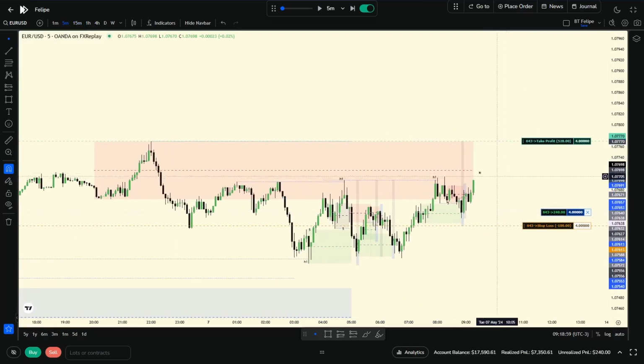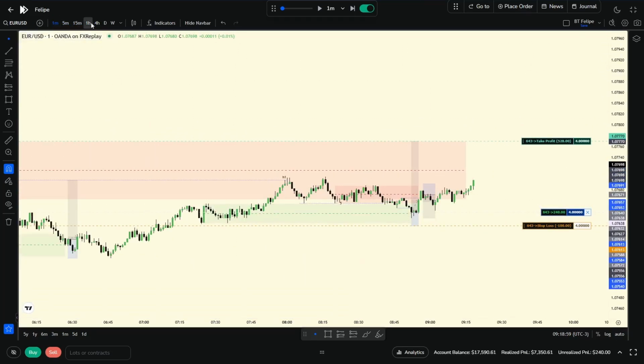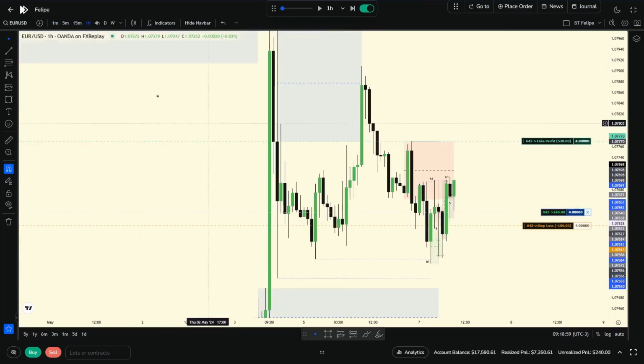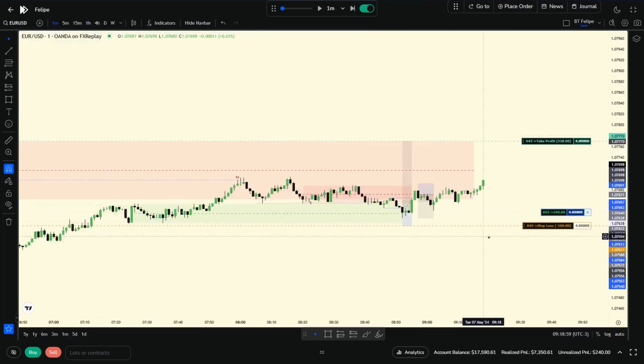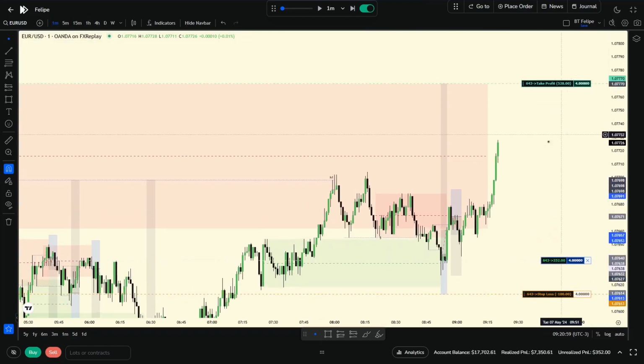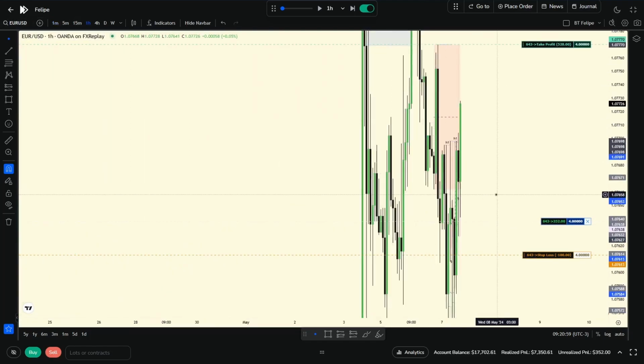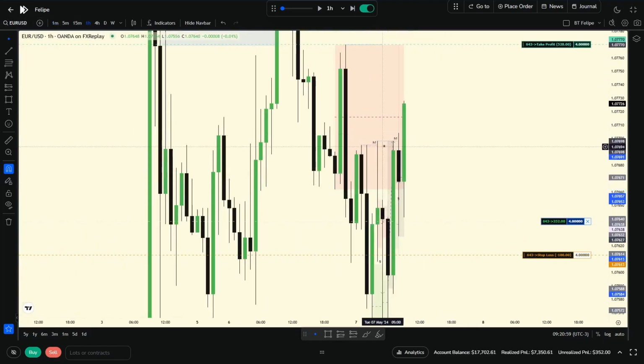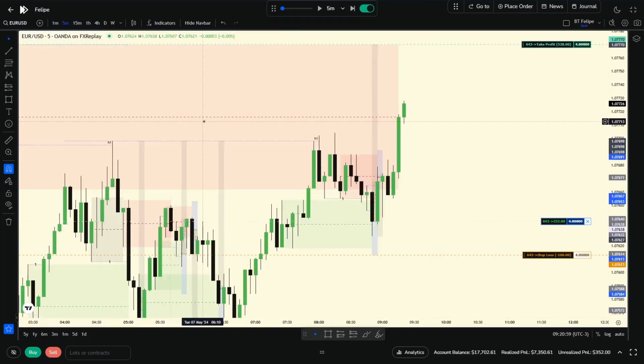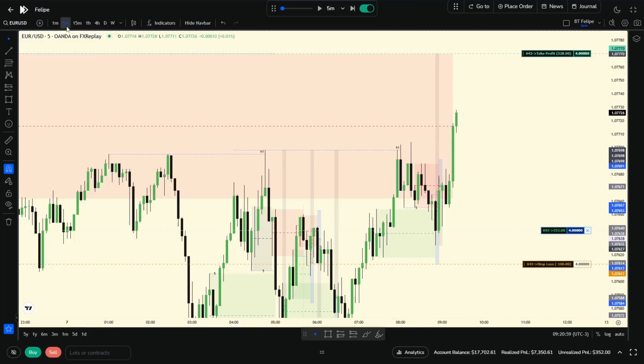Let's leave it like that. Let's see what happens. I don't think this is going to be H1 liquidity. Okay, please go straight up. Yeah, this is not an H1. This is not H1 liquidity.